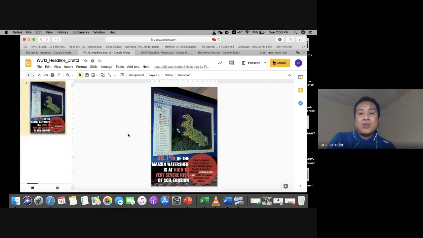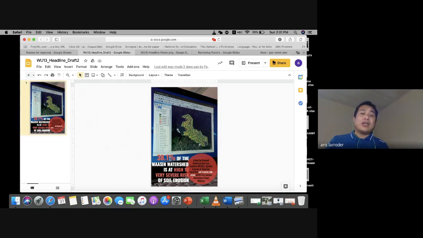In this case, 31% of the Asin watershed is at high to very severe risk of soil erosion. You provide a figure here, but the figure might not necessarily be understood in the context of by how much overall its cover is.